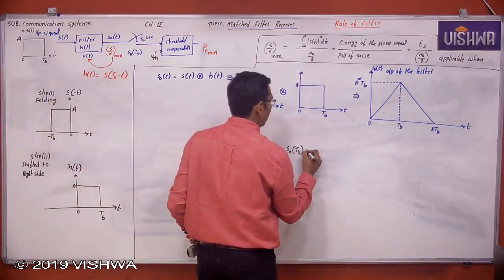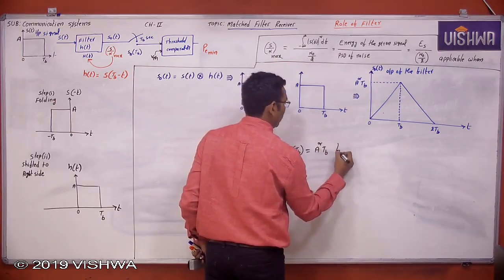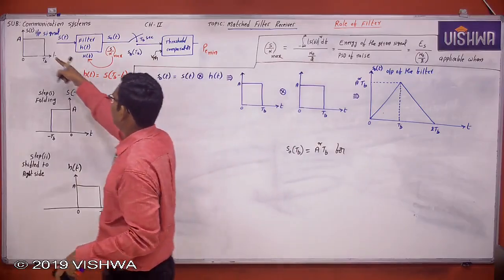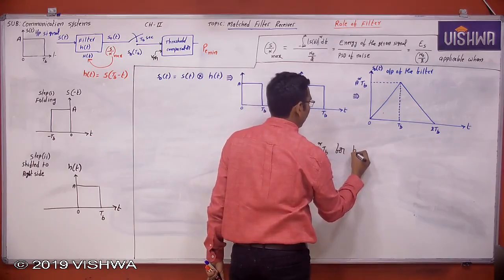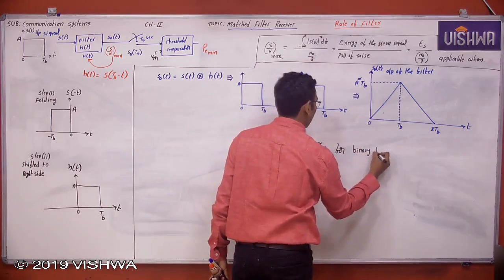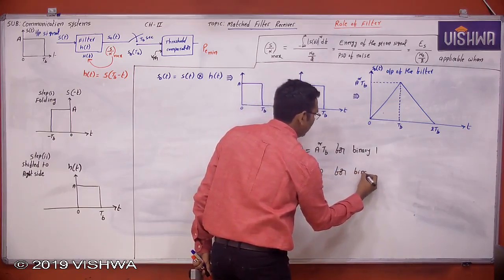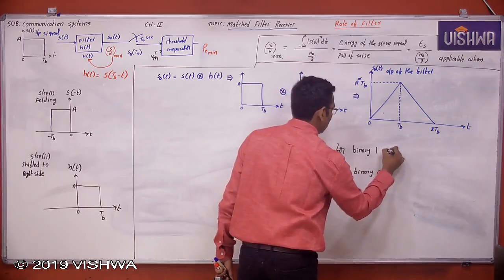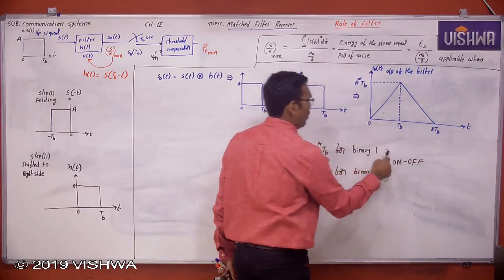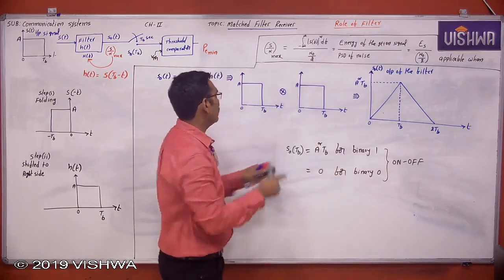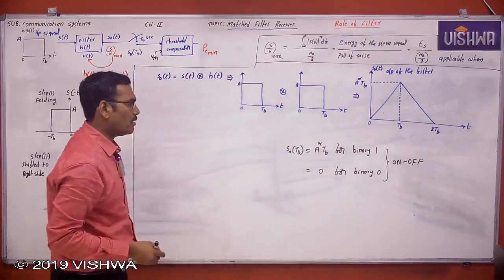S naught of Tb is equal to A square Tb for a rectangular pulse, which is binary one. S naught of Tb is equal to 0 for binary 0, because this is the on-off representation, in which binary 1 means positive voltage and binary 0 means 0 volts. This is on-off signaling.